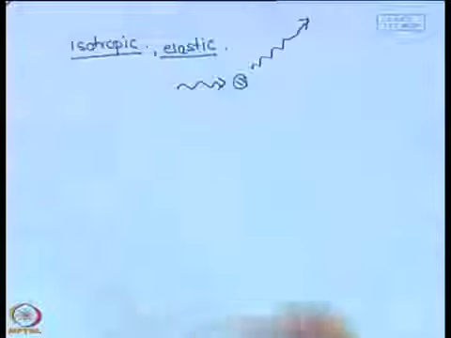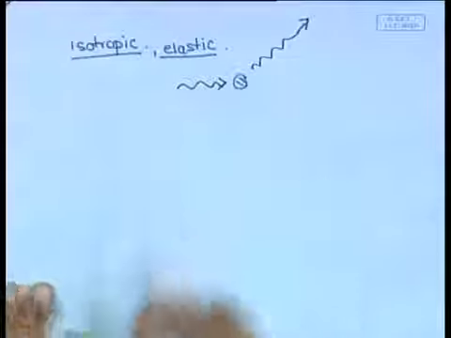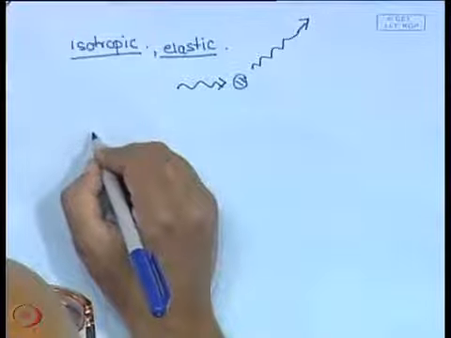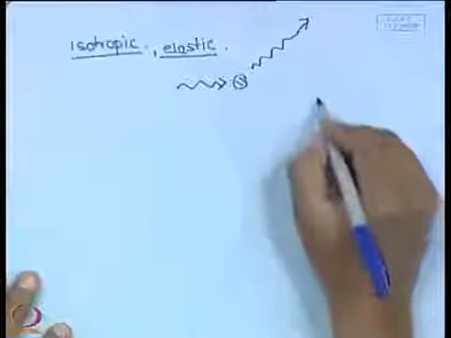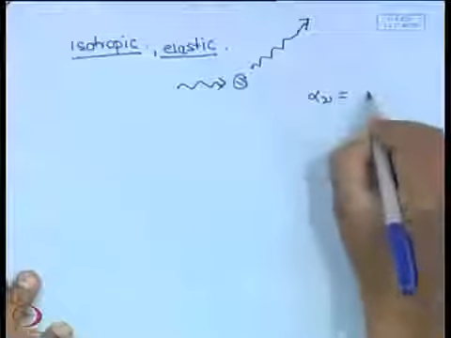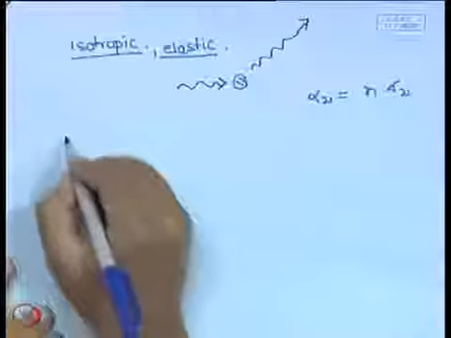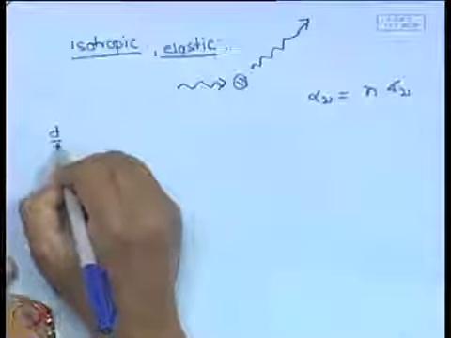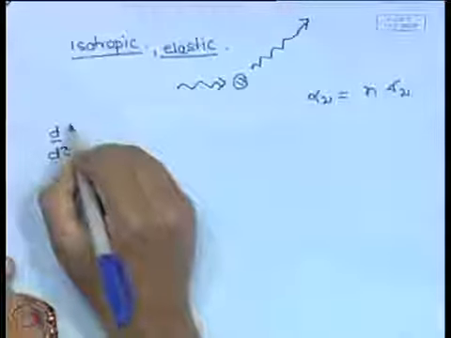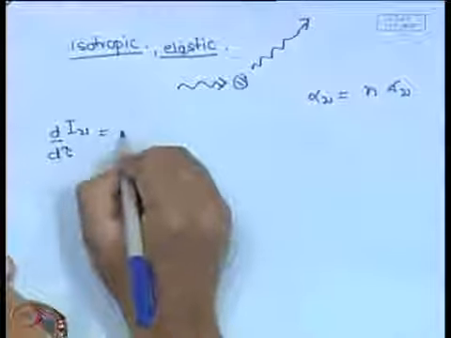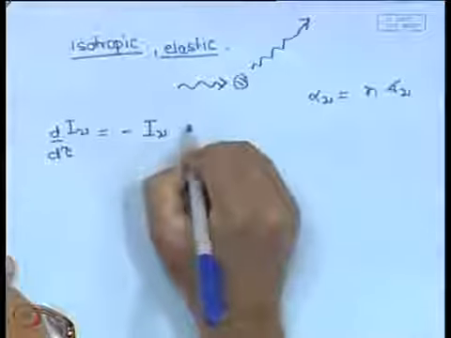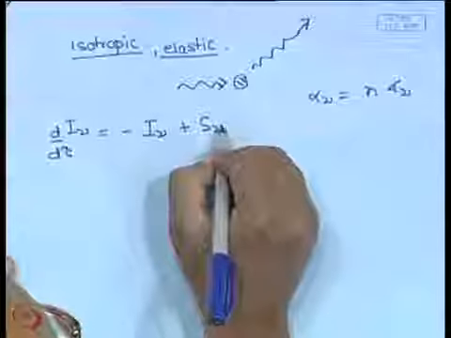Okay. For this simple kind of scattering, we have already seen the absorption coefficient alpha nu is the number density into sigma nu. Okay. And we can then write down the radiative transfer equation. It is d I nu by d tau, the specific intensity, is equal to minus I nu plus the source function S nu.